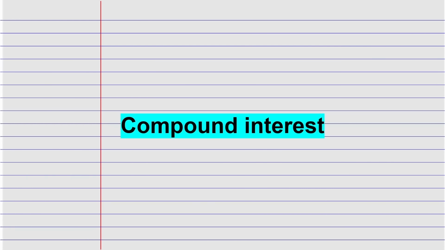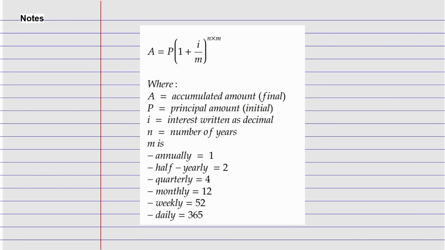Now we're going to move to compound interest. The reason why they introduced the nominal and the effective rate was just to give this new compound interest formula the M. Now our question is going to say whether it's compounded annually, half yearly, quarterly, monthly, weekly, or daily.